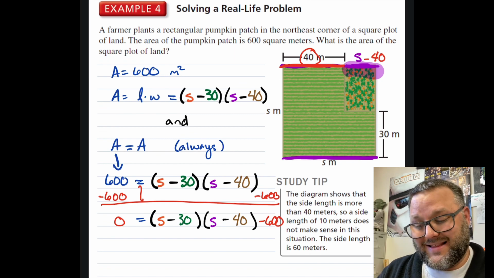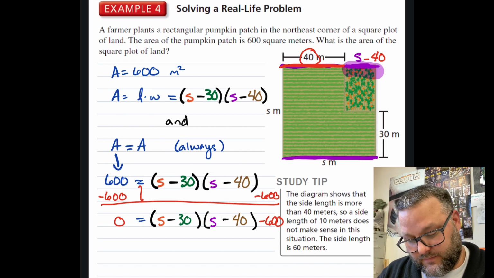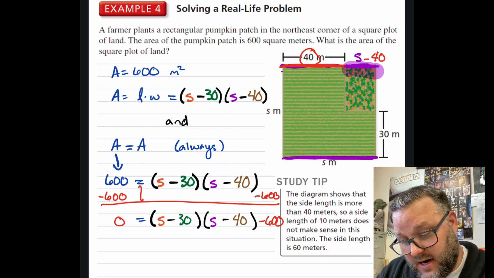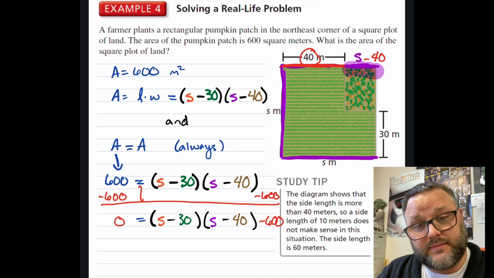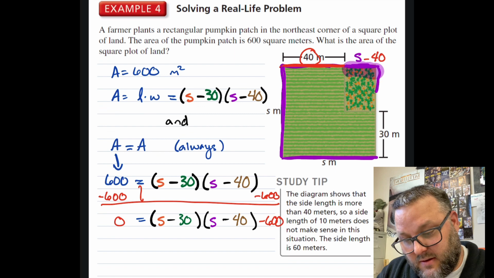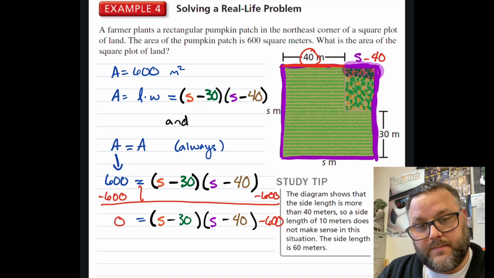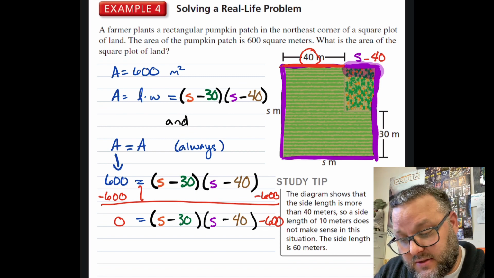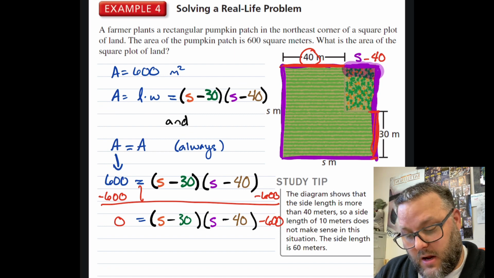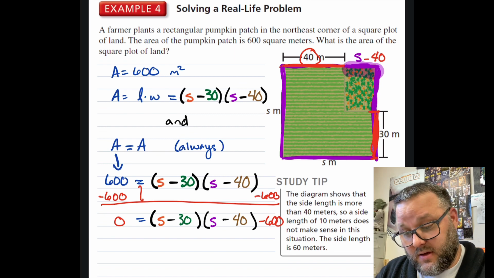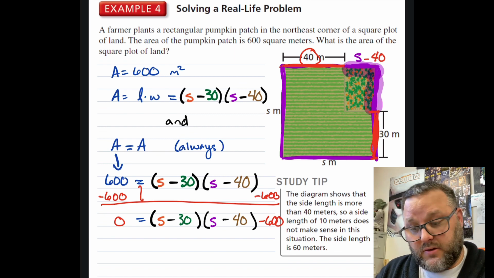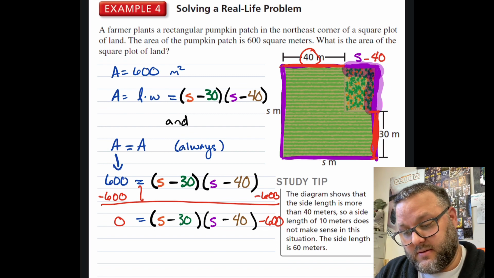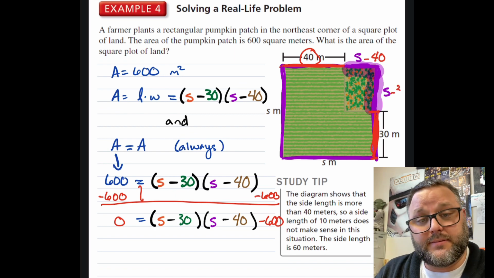All right, now I did the same thing for this other side. What I did is I recognized this entire length was S. So that meant this entire length also had to be S. What I then also realized is if I cut off from here to here, I would just be left with this portion here, which means I took the whole length S and chopped off, or removed, hence minus, 30 meters.